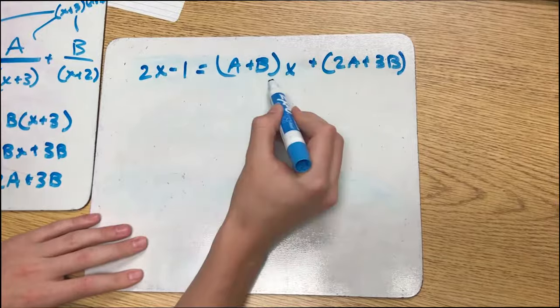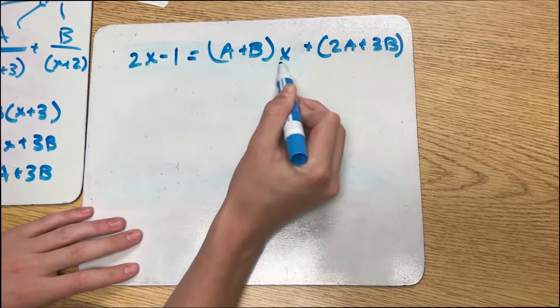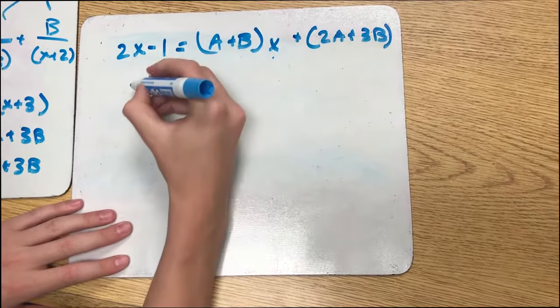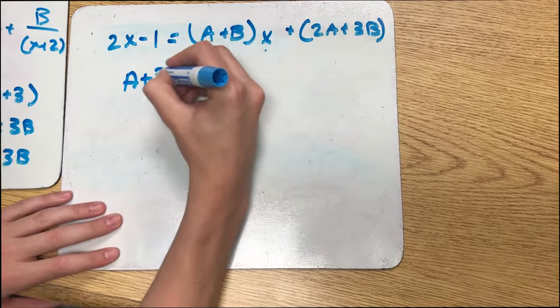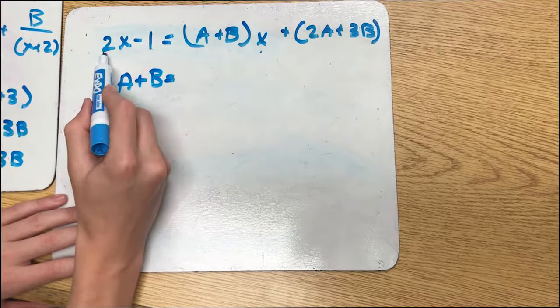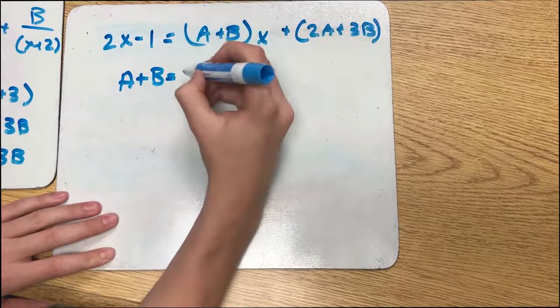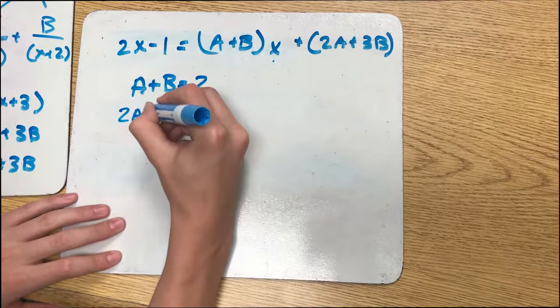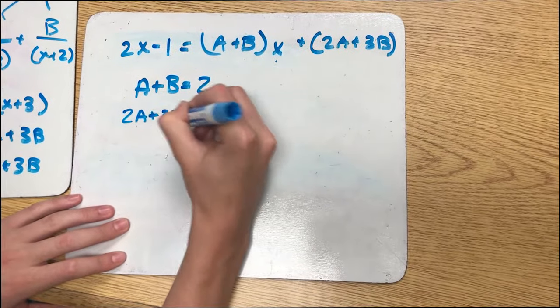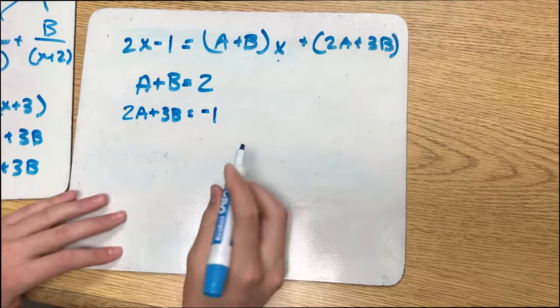So since this is multiplied by the x, we set A plus B equal to whatever's multiplied by the x over here. So we get A plus B equals 2, and then we do the same thing over here. So we get 2A plus 3B equals negative 1.